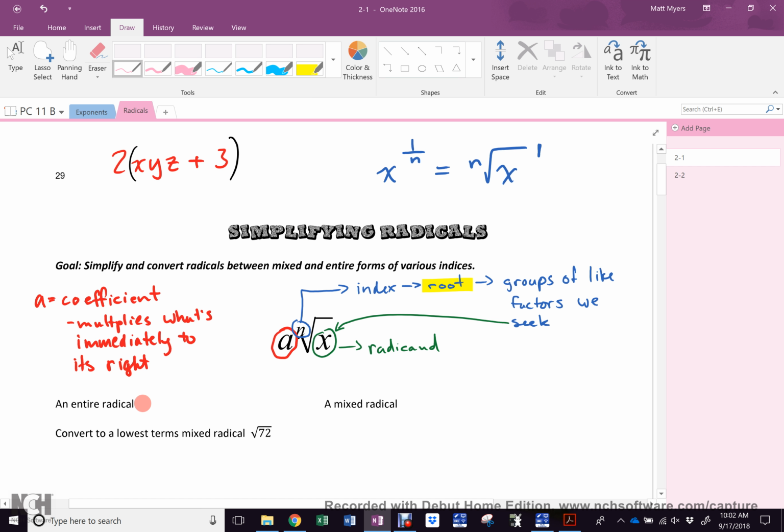An entire radical has no coefficient. A mixed radical has a coefficient, and that coefficient comes from factors of the radicand.